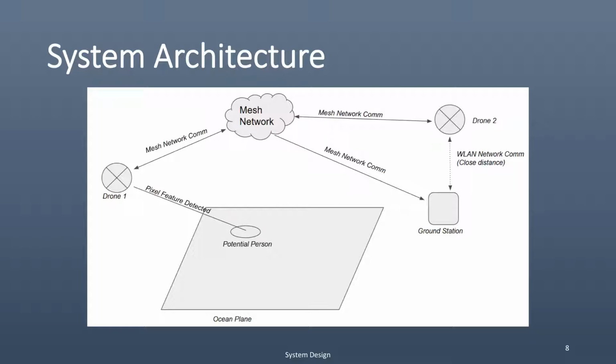Drones will perform search of an open area, such as an ocean, for people using infrared sensors. Any person detected or possible person detected in the scene will be communicated to the rest of the network and the image stored locally. The ground station, which is optional, can connect to an individual drone.